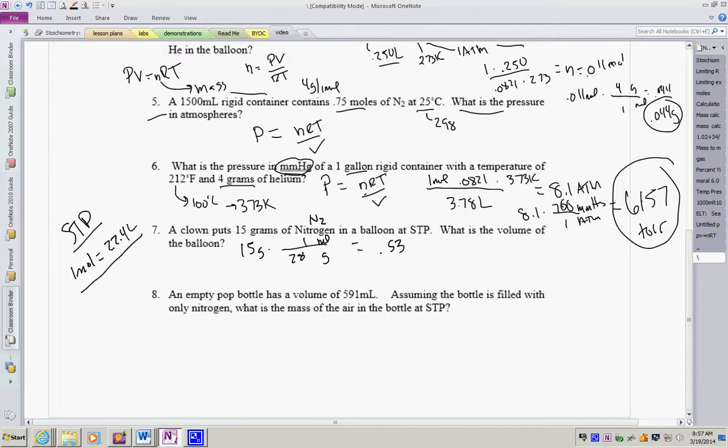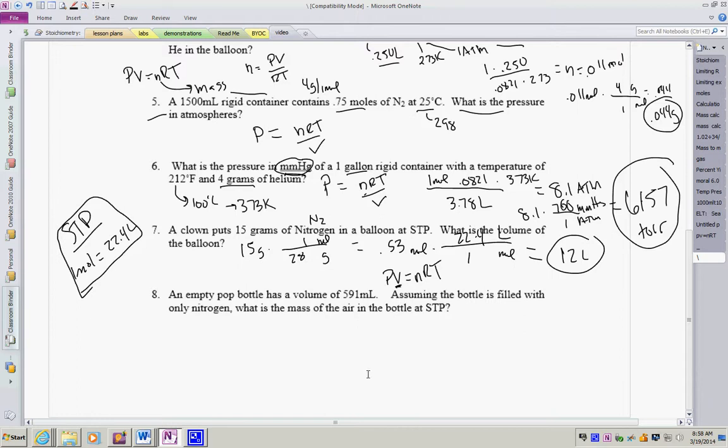So you could use this conversion if you're at STP as opposed to doing PV = nRT. So 0.53 moles, get rid of moles and go right to liters. 1 mole is 22.4 liters, and 0.53 times 22.4 is 12 liters. I could use PV equals nRT, plug in all my variables, solving for volume, and I'll get the same answer.